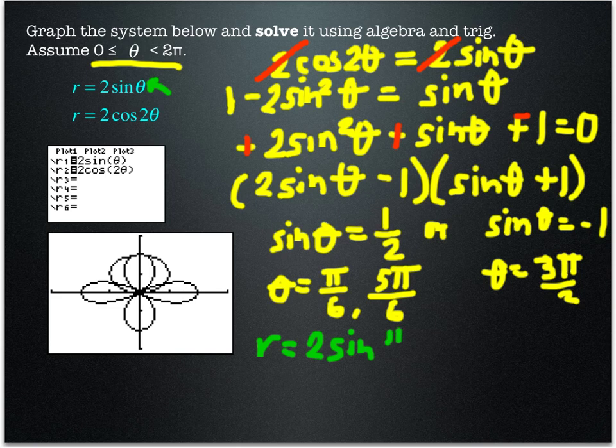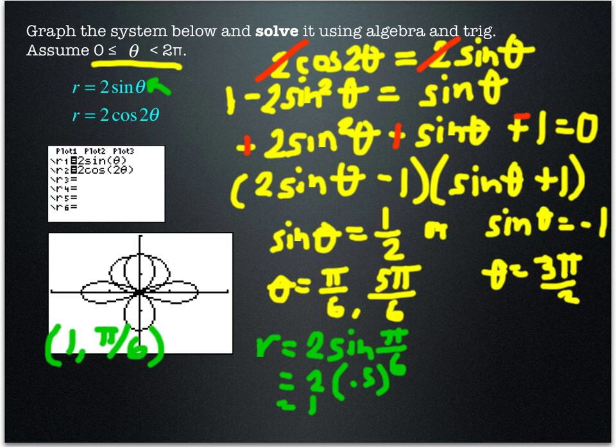So let's put in the pi over 6 here. And so I get 2, and then the sine of pi over 6 is simply 0.5, or 1/2, so that's going to equal 1. So that tells us that one of the coordinates for my solution will be 1 comma pi over 6. And it looks like that might indeed be one of our solutions, like right here perhaps.